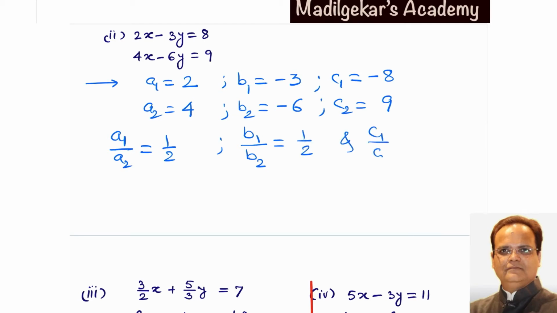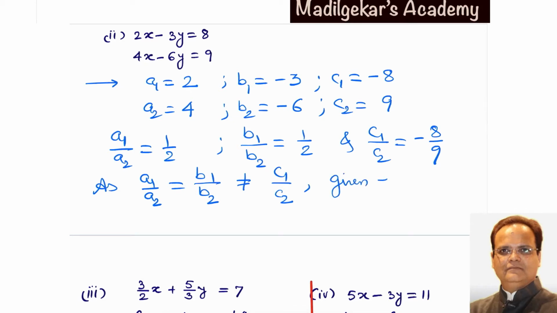And C1 upon C2 is minus 8 by 9. As A1 upon A2 is same as B1 upon B2 but not equals to C1 upon C2, given equations are inconsistent. Means they don't have common solution.